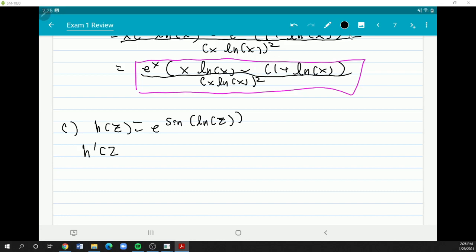So h prime of z is going to be, first I'm taking a derivative of e to the something. So by chain rule, the derivative of e to the something is e to that something, so e to the sine log z, and then times the derivative of the inside function. So d dz of sine of log of z.